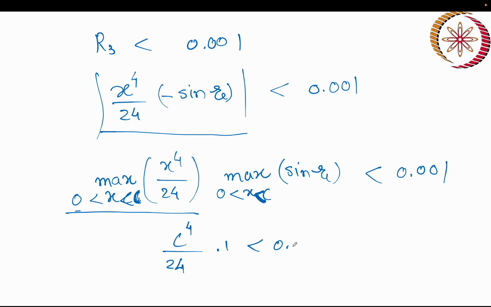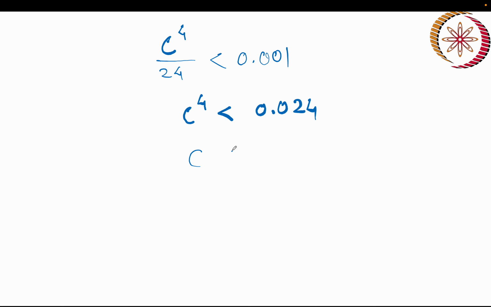So c^4 by 24 should be less than 0.001, so c^4 is less than 0.024 and c should be less than 0.024 raised to 1 by 4.